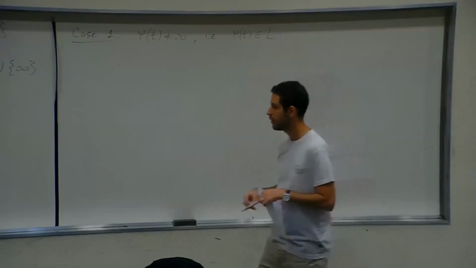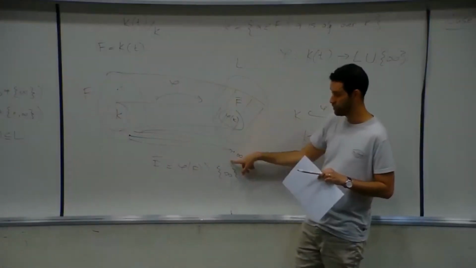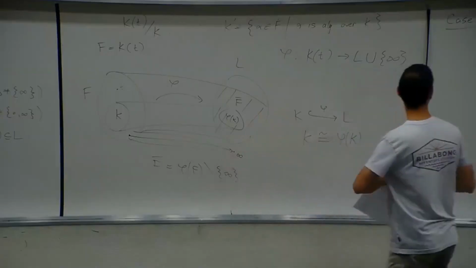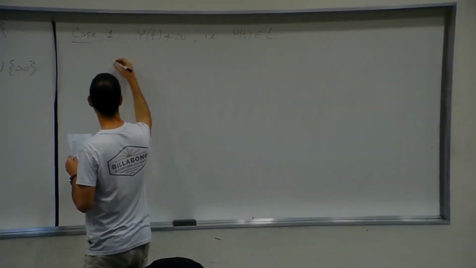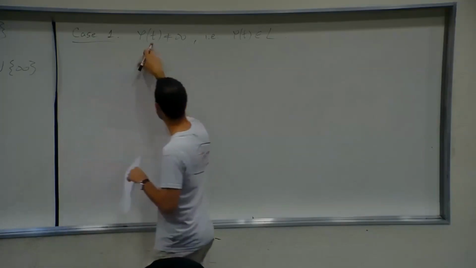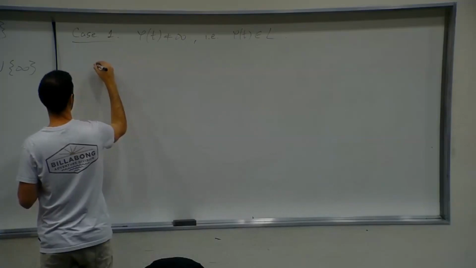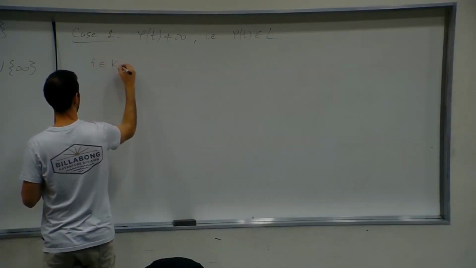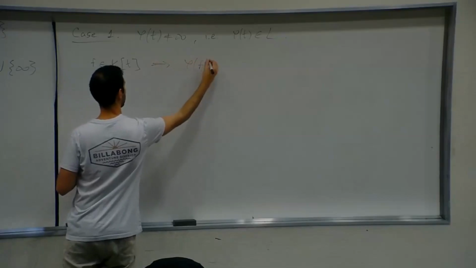So one option is that t is mapped to some element of L, which is not infinity. Then what can we say? If I give you a polynomial in t, if f is in K[t], what can we say about phi of f?